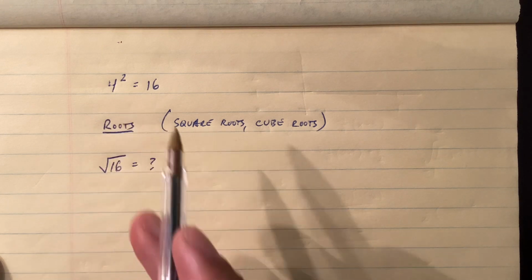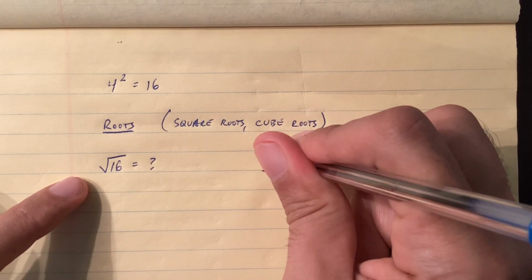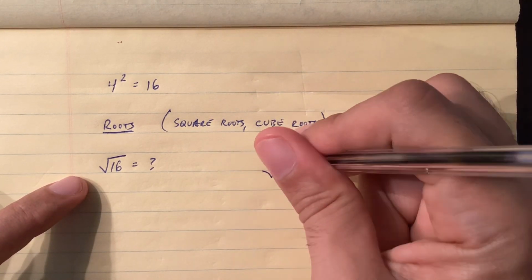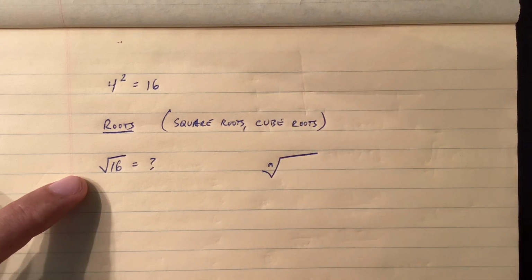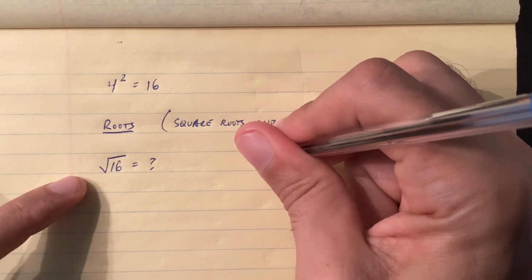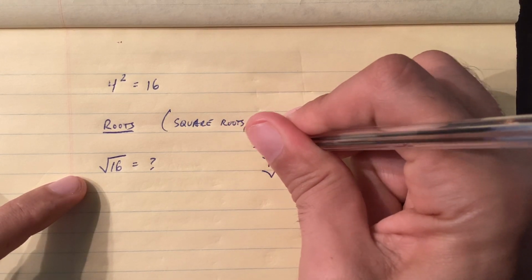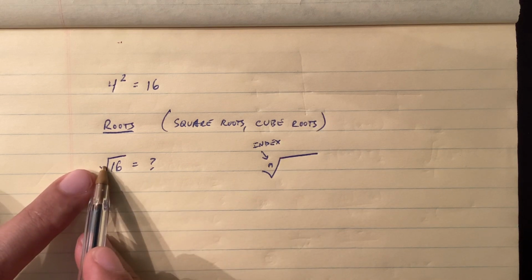The notation for the square root is this symbol here, and there's no number right here. Usually there is. If it's the cube root, there'll be a 3. If it's the fourth root, there'll be a 4. This is called the index. But when it's the square root, it's implied that there's a 2 here.